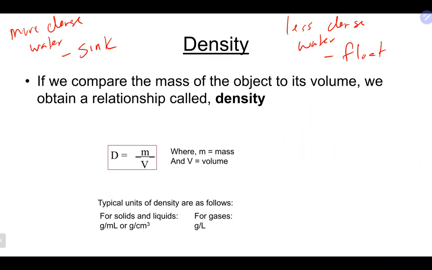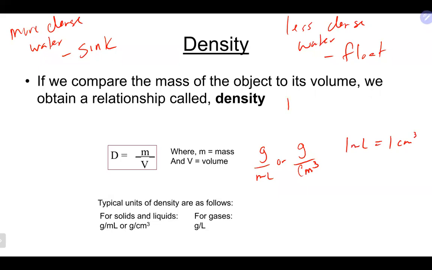So there is a formula to calculate density. Density is mass per volume. Remember that 1 milliliter is the same as a cubic centimeter. Now you do need to know this formula.